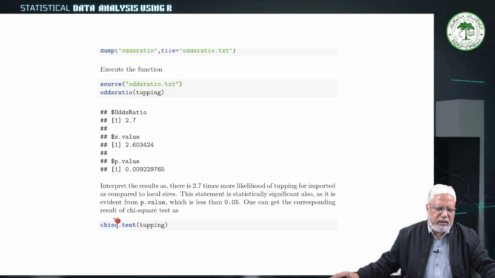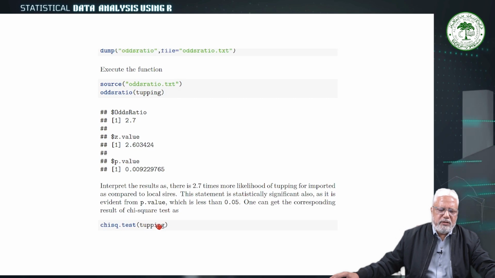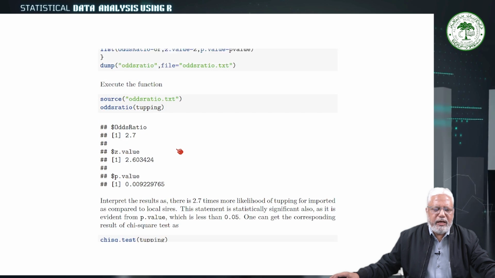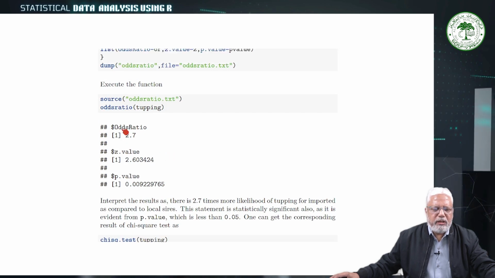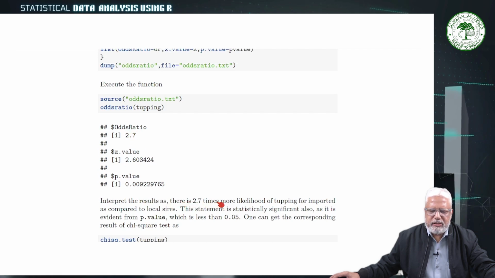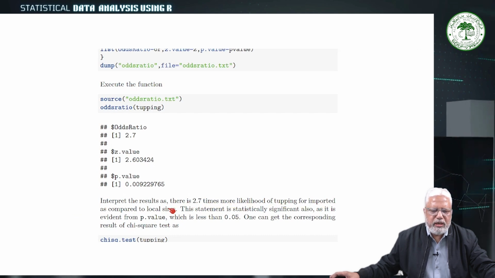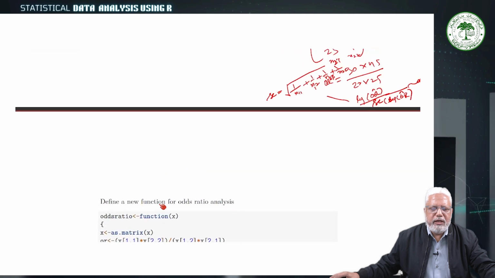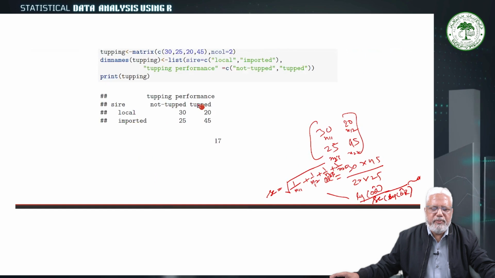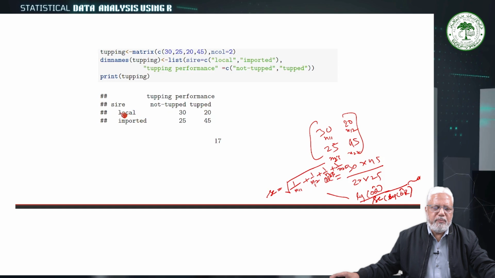In the chi-square test also we make this kind of inference. If we use chisq.test on topping, we will make the same inference. But here the association between topping and sire is quantified: it is 2.7. Interpret the results as: there is 2.7 times more likelihood of topping for imported as compared to local.